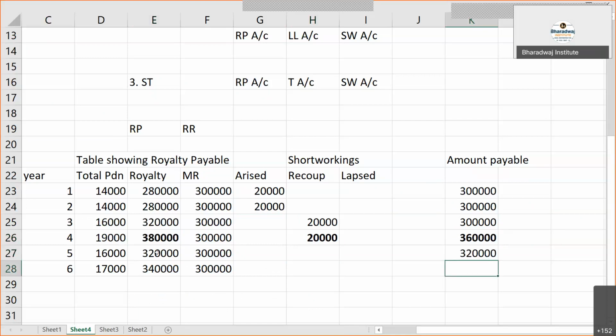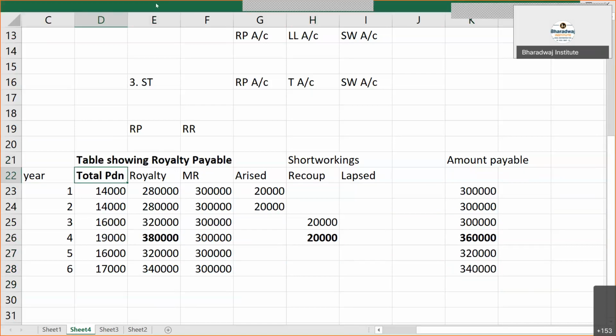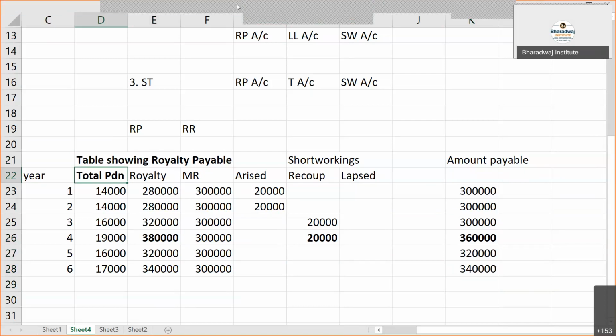Fifth year 3,20,000 you have to pay. Sixth year 3,40,000 you have got to pay. This is the table showing royalty payable. The royalty is payable on the total production. It is your responsibility to collect and pay to your landlord.